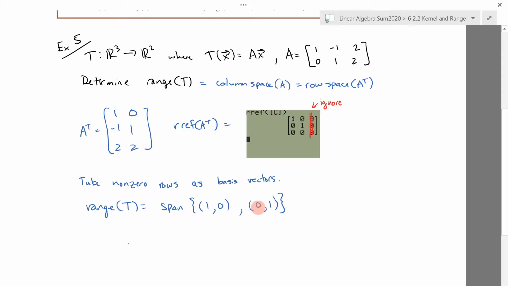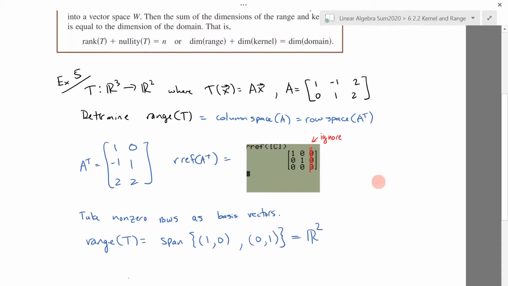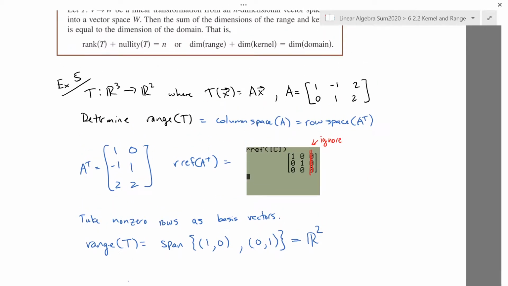But this is just the standard basis of R2, so the span of the standard basis gives you all of R2. So in this example, the range is the same thing as the codomain.